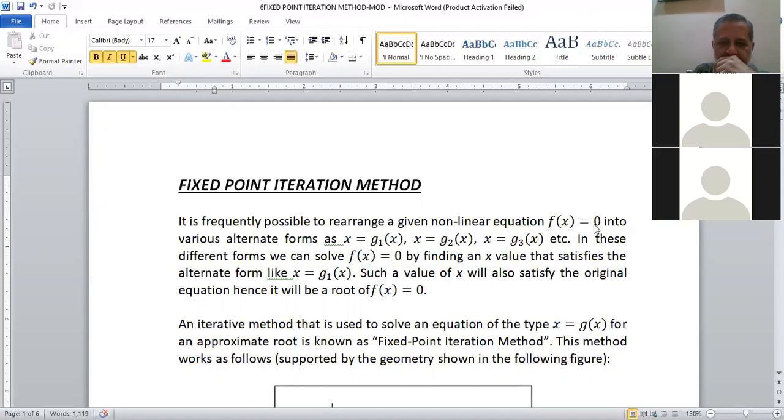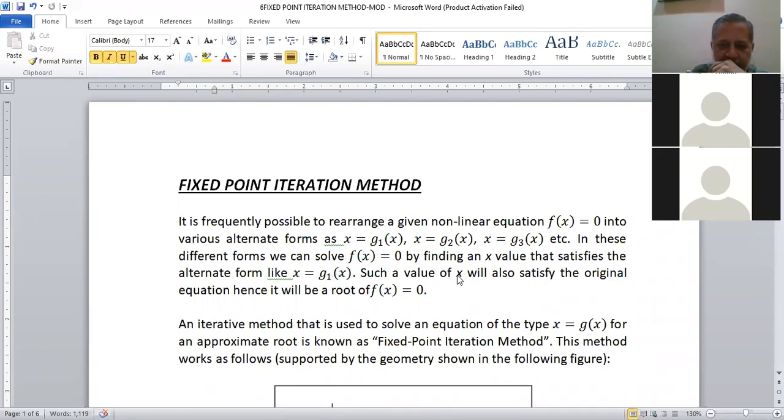Here in this fixed point iteration method, we point out that we can rearrange the equation f(x) = 0 into the form x = g(x), and there can be multiple such arrangements, in which case we can solve f(x) = 0 by finding an x value that satisfies a form like x = g1(x).